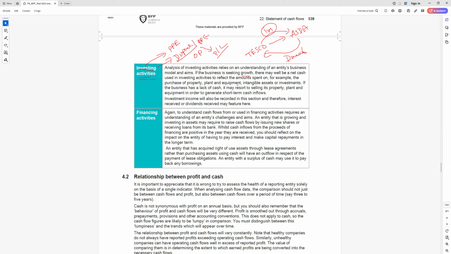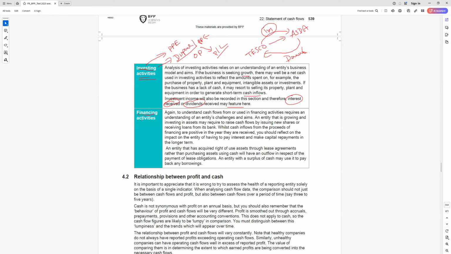Investment income will also be recorded in this section, and therefore interest received or dividend received may feature here. So if I give a loan to someone, I can receive the interest or the dividend. Either way, it will be part of the investing activities.